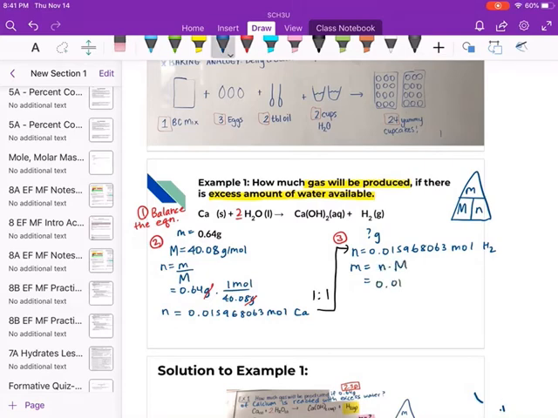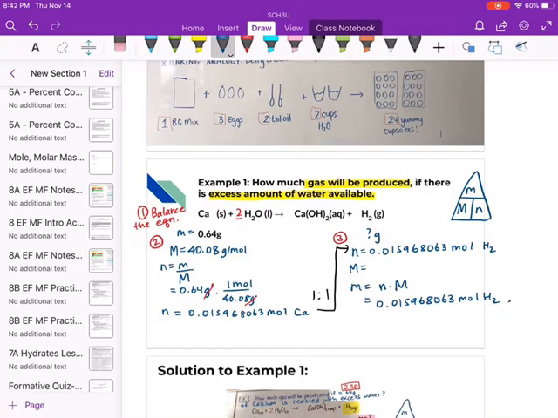So 0.015968063 mole H2. I want grams at the end, so I'm going to need the molar mass of H2. Remember to write the molar mass of H2. All you simply do is refer to the periodic table, and it should say that the atomic mass of hydrogen is 1.01.